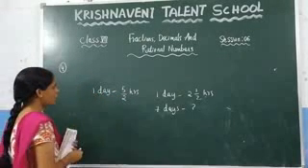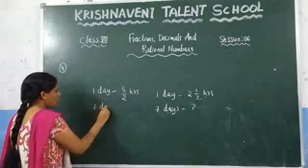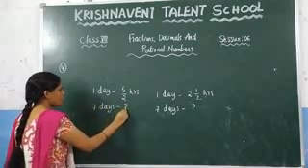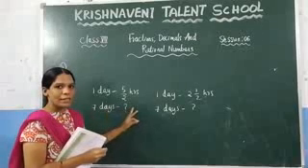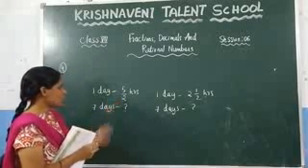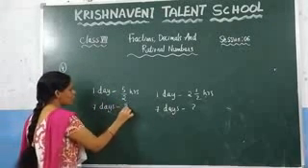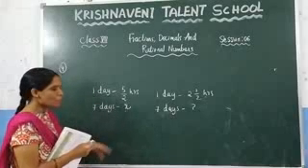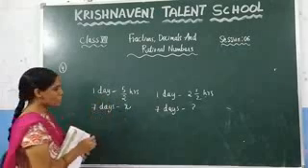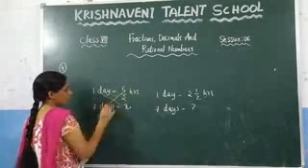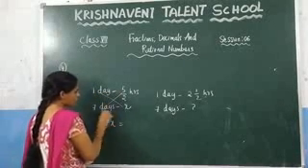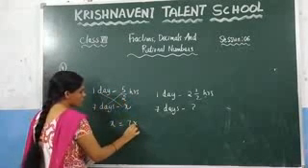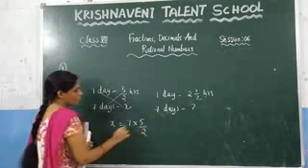Now you need to calculate in 7 days how many hours she needs to complete her work. For this, you need to multiply these two numbers. That means if you don't know this value, let us consider it as x. Now you can cross multiply this one into this one. And x into 1, which is x, is equal to, now multiply this one, 7 into 5 by 2. Right?